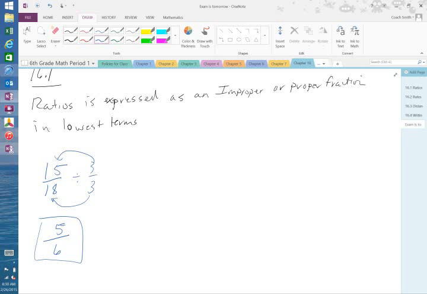Okay, what if we have a problem such as this, where we have 5 minutes to 1 hour? Well, 5 minutes to 1 hour, we have to change hours to minutes. You have to have them in the same unit of measurement.